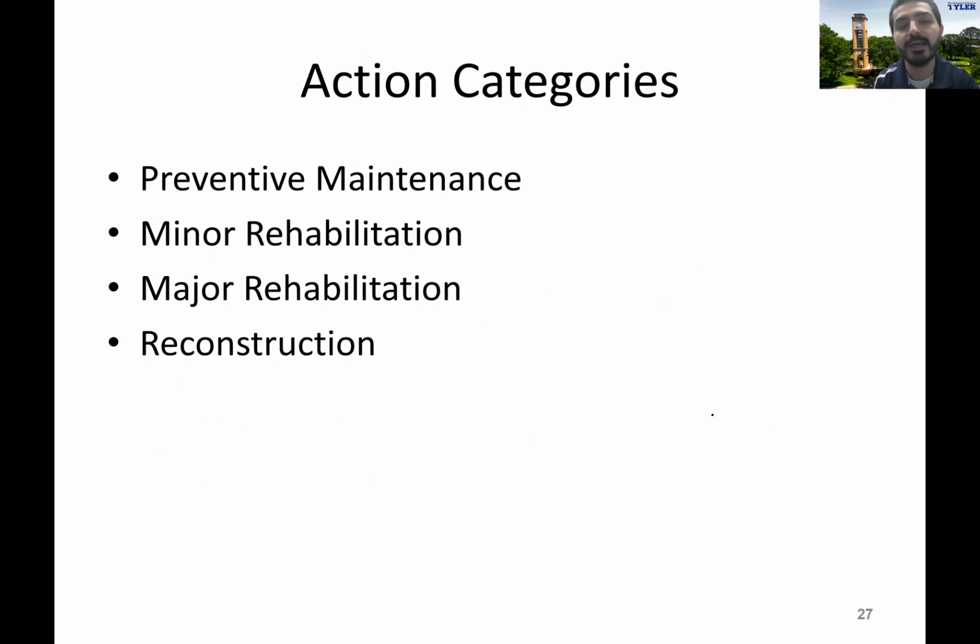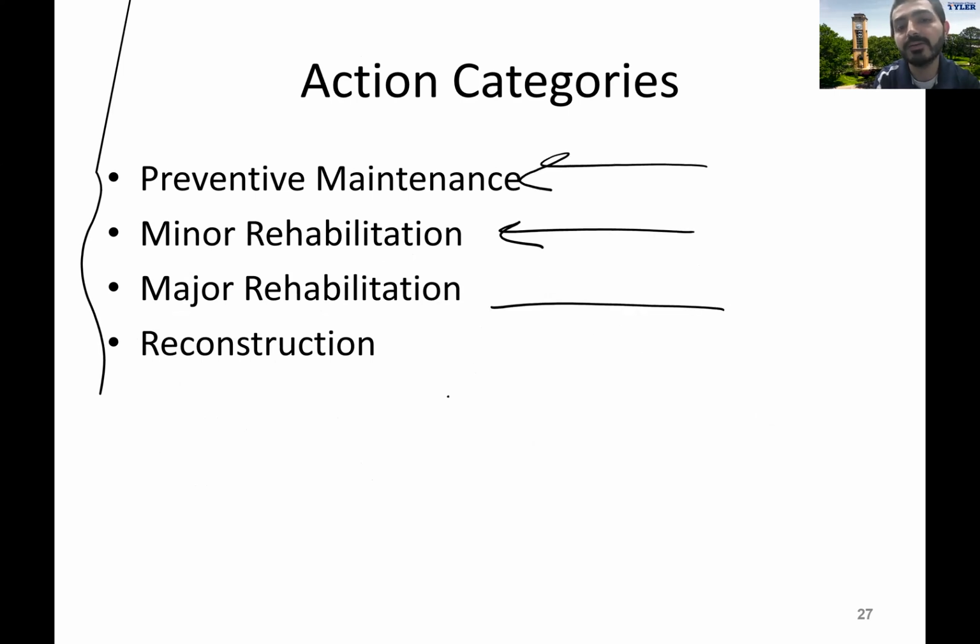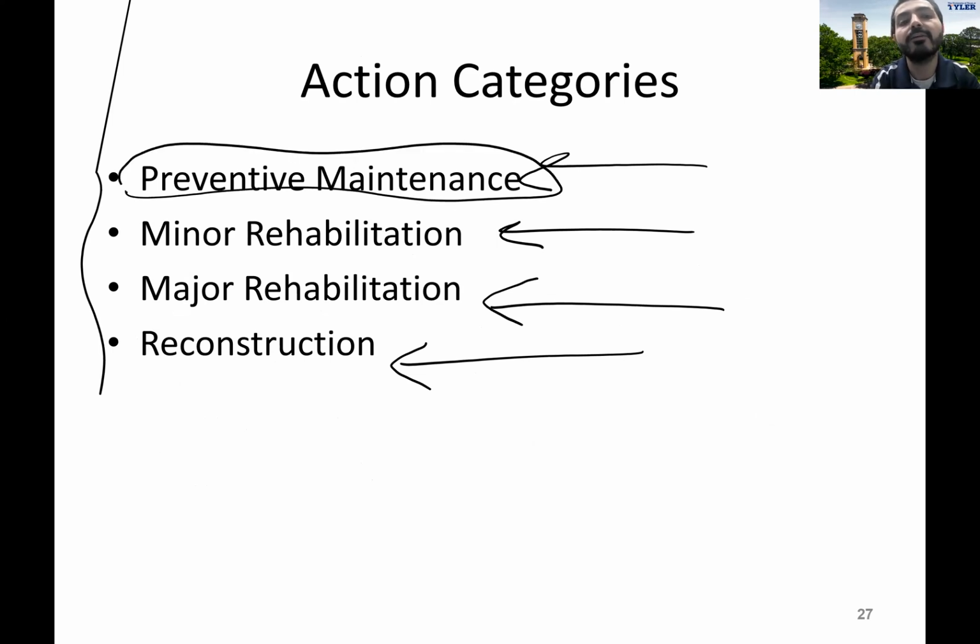And the answer is it really goes from preventive maintenance to minor rehabilitation to major rehabilitation all the way to reconstruction. But again, the new school of thought is always try to think of fixing the good roads first, which is why I'm putting preventative maintenance first, then the minor rehabilitation all the way to the reconstruction.